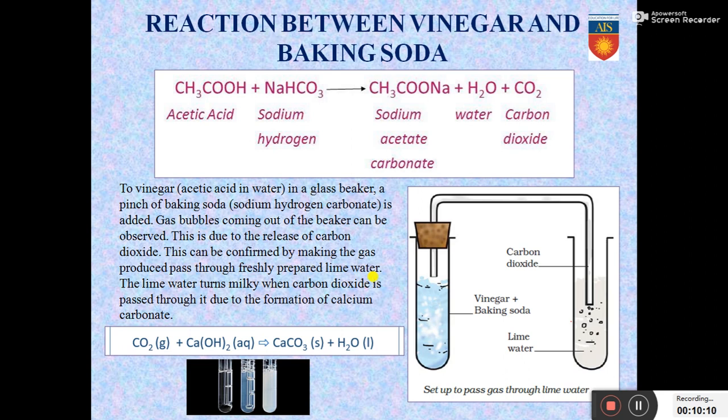Because if it is not freshly prepared lime water, the calcium hydroxide might come in contact with the carbon dioxide in the atmosphere and turn milky. So it will not give conclusive results. So it has to be freshly prepared. The lime water turns milky when carbon dioxide is passed through it due to formation of calcium carbonate. And this is the equation. Go through these two equations very well. They are in the book as well, and remember them properly.